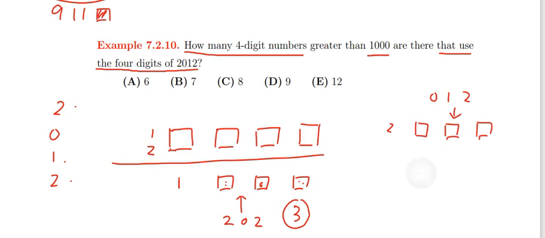This is 3 factorial. Or we can say the first one can be any of 3 ways, the second one 2 ways, so this equals 6. So how many total ways? It equals 3 from this case plus 6 from this case, which equals 9.